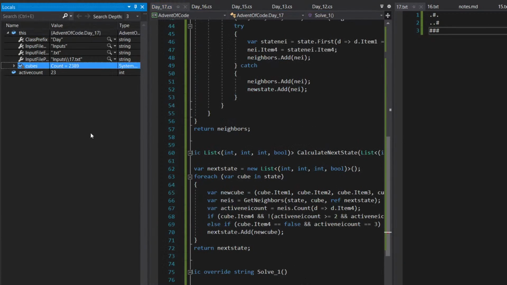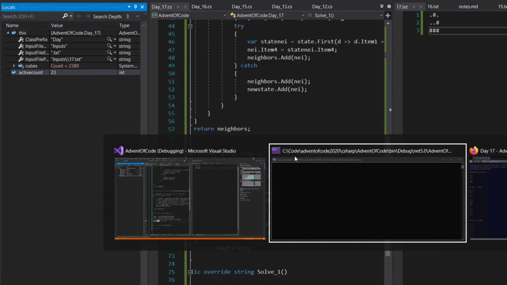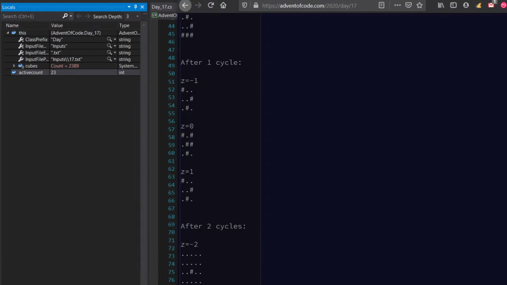Okay, so it has grown to an insane size. And our active count is 23. This is what? 3, 4, 5, 6, 7, 8, 9, 10, 11.